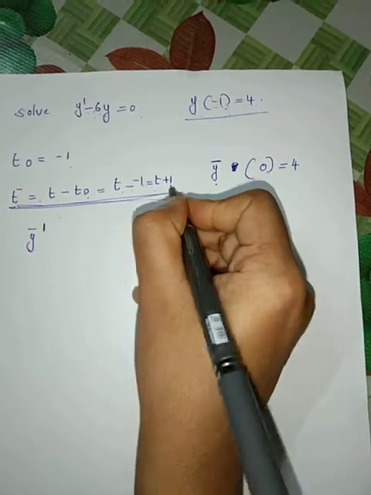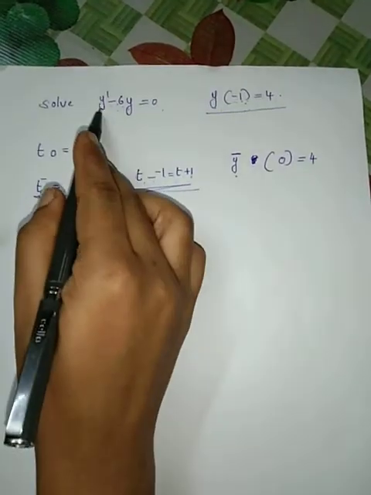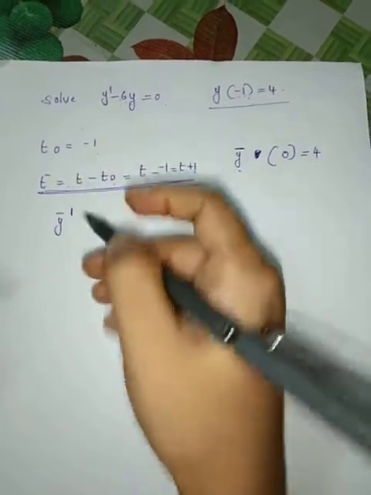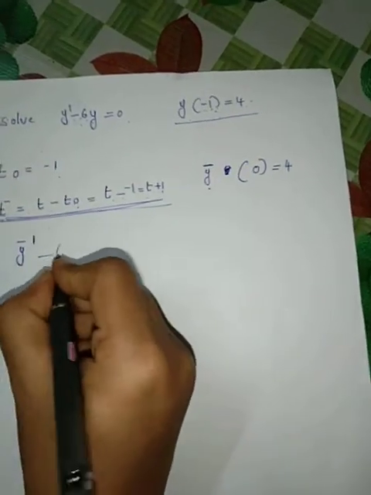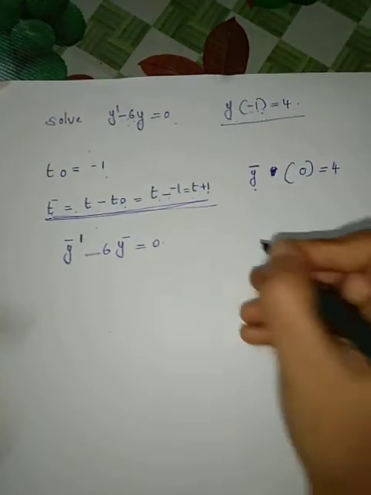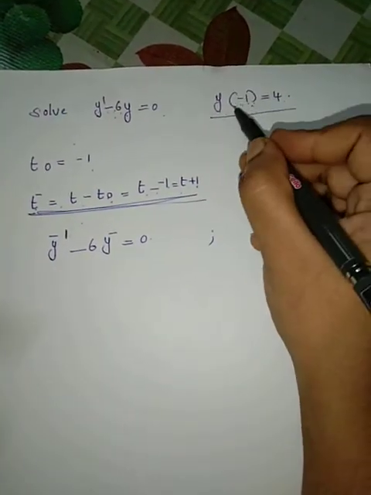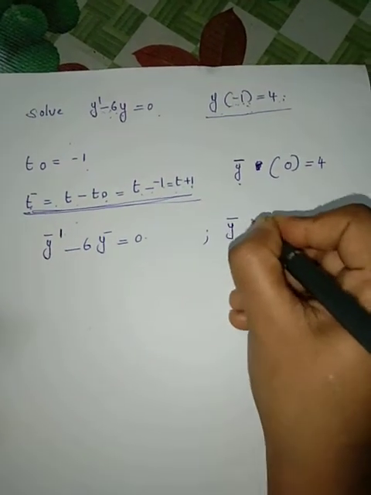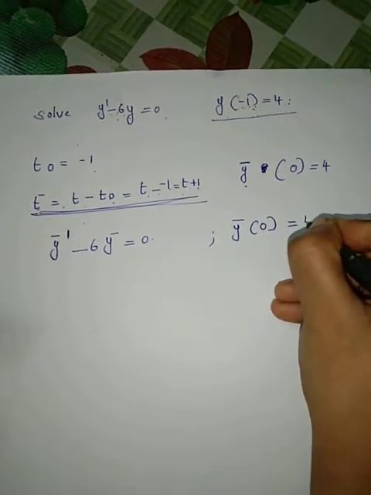Using this transformation, the equation becomes y bar dash minus 6 into y bar is equal to 0, with the initial condition y bar of 0 equal to 4.